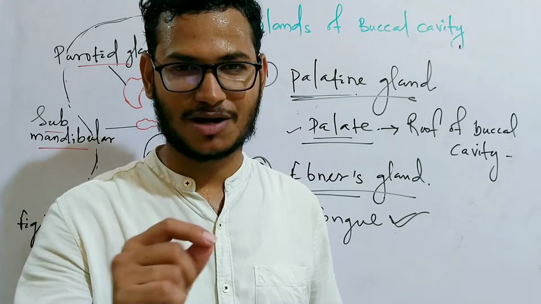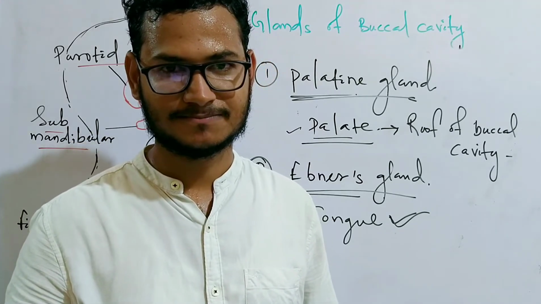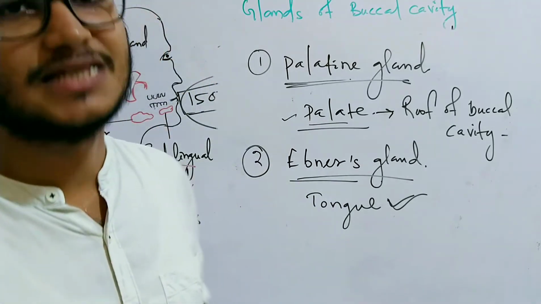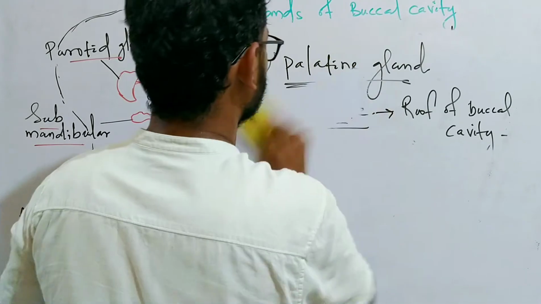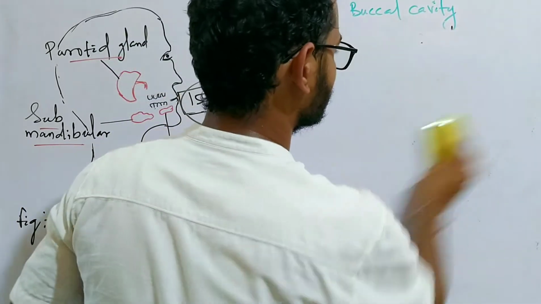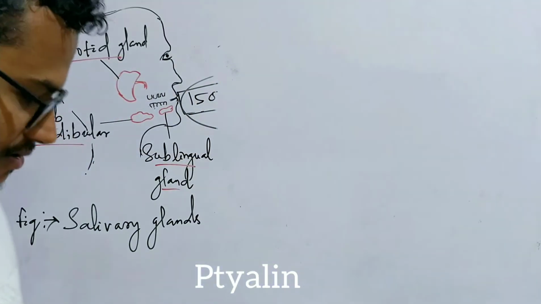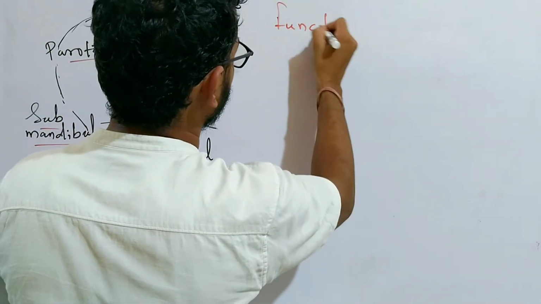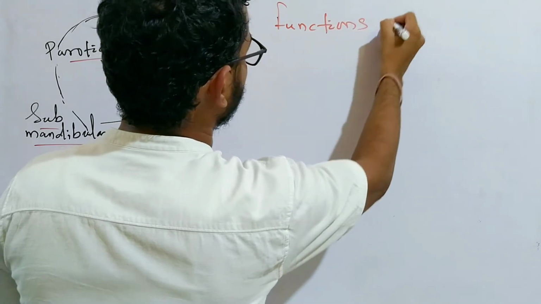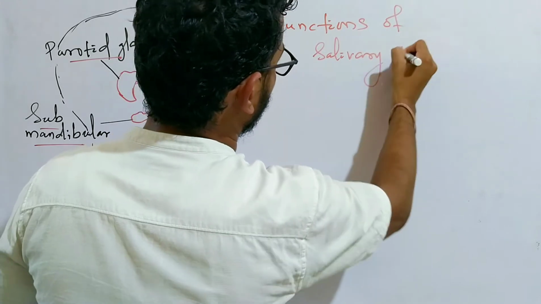So let's discuss the functions of the salivary amylase. The salivary amylase is also called Ptyalin. Okay, so now let's discuss the functions of salivary amylase.